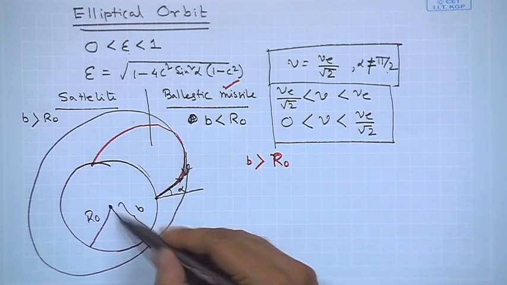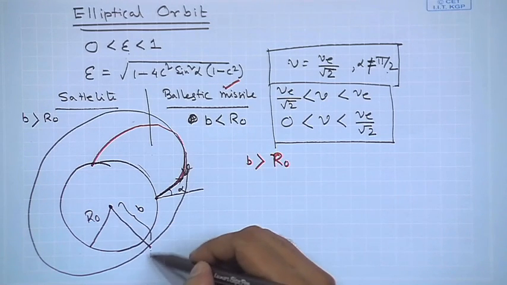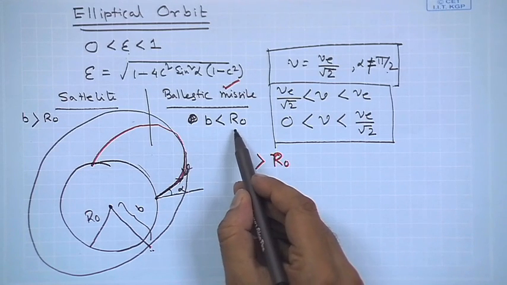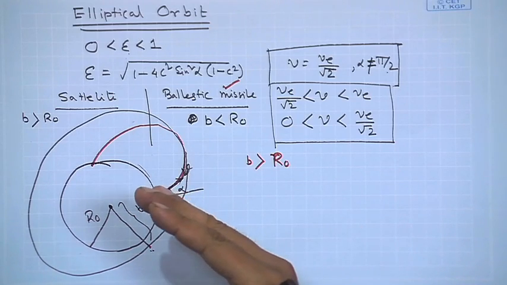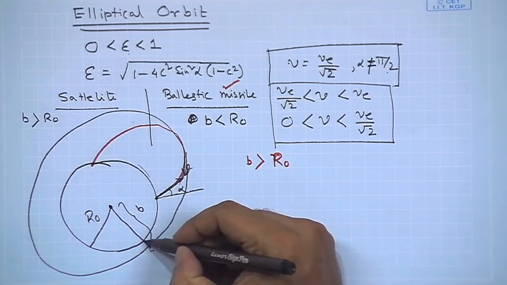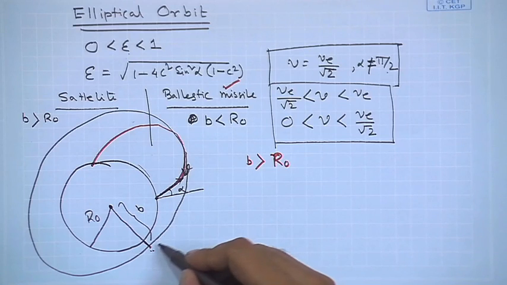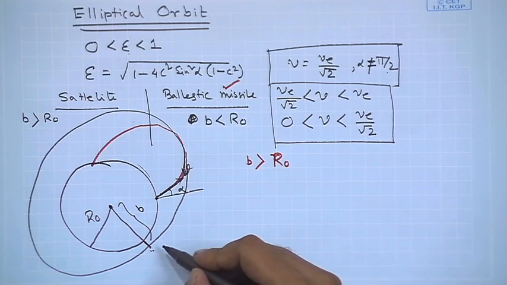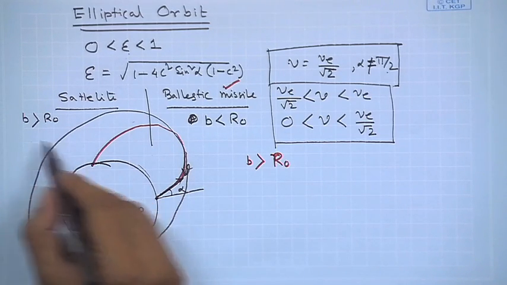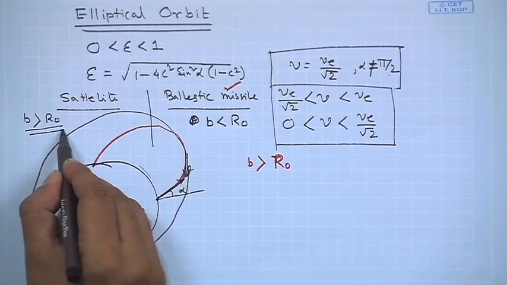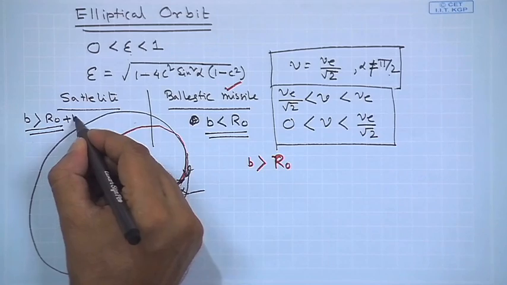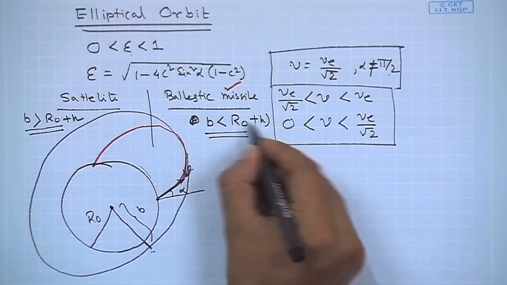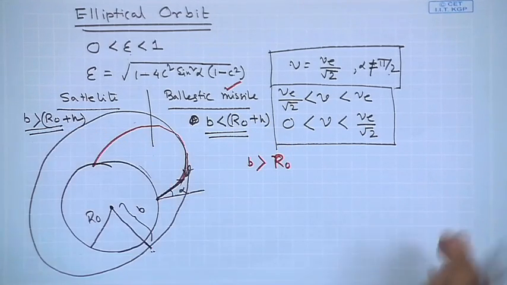Because R0 is the shortest possible approach to the force center, which is in principle allowed. Of course, we have to give it a relaxation. A satellite cannot pass very close to the Earth's surface. There has to be a certain gap here, which for the calculation sake we are ignoring, and we are assuming if B is greater than R0, then it is a satellite, and if B is less than R0, a ballistic missile. So, in principle there has to be a minimum gap, which is R0 plus H and R0 minus H.